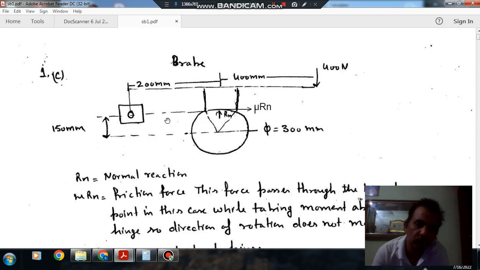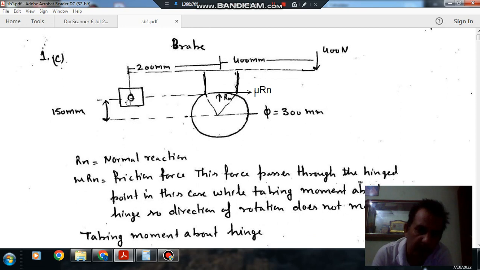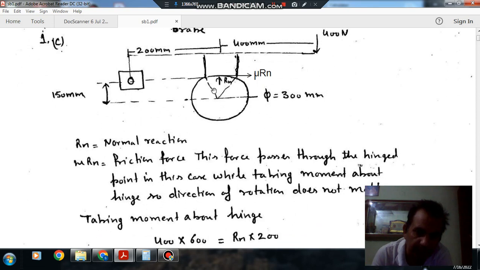Now this is a schematic figure, and this 400 Newton has to be applied, so we have to find out the braking torque. To find the braking torque, we will take moment about the hinge point. As the diameter of the brake drum is 300 mm and this distance is 150 mm, the mu Rn will pass through this hinge point, so there will be no effect of friction force on the moment.